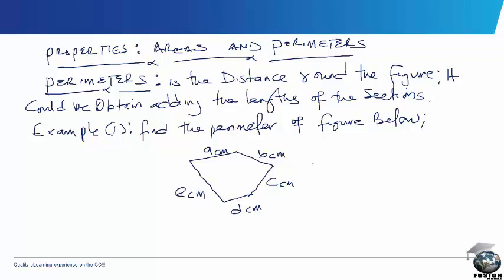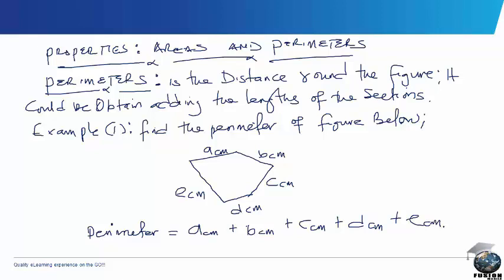The perimeter of the shape is equal to adding all the sides: A centimeters plus B centimeters plus C centimeters plus D centimeters plus E centimeters. Hence all we are saying is that the perimeter is the distance around the object.